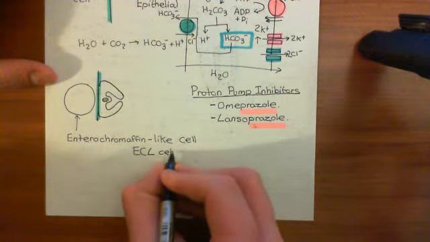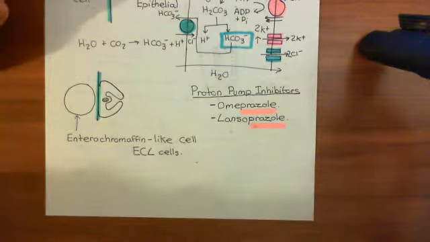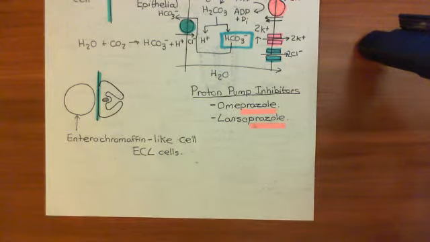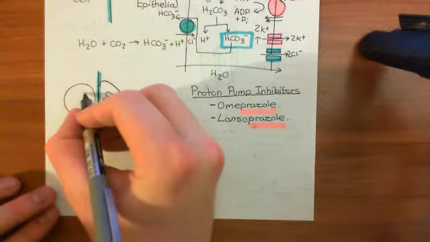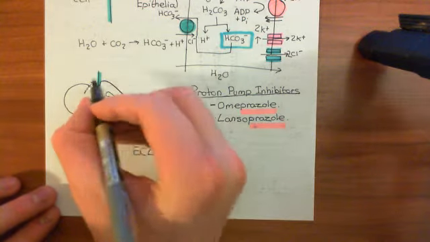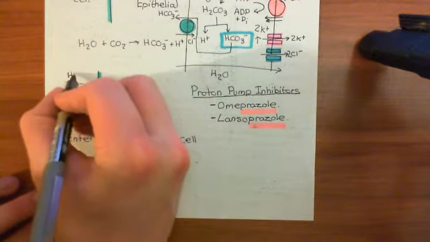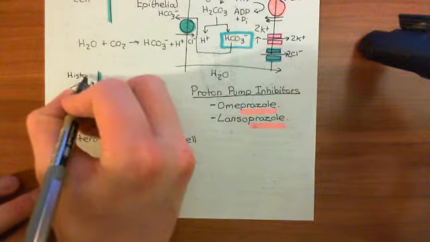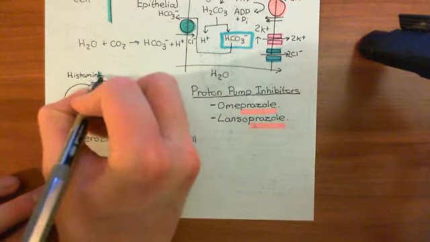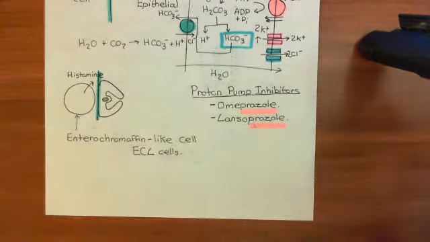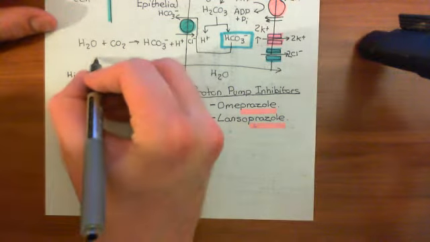Now, these ECL cells secrete histamine, and this histamine will diffuse over to the parietal cells and stimulate these parietal cells to secrete hydrochloric acid. So this is a form of paracrine signaling.